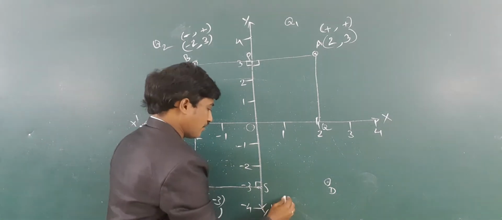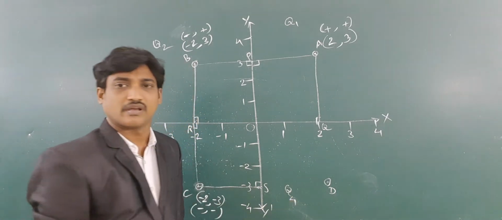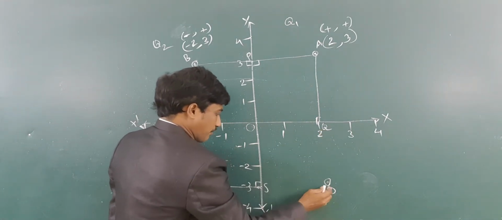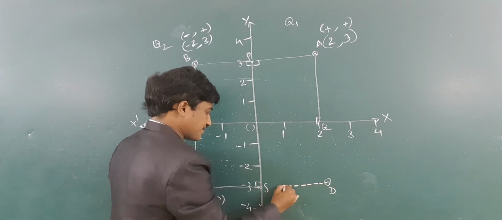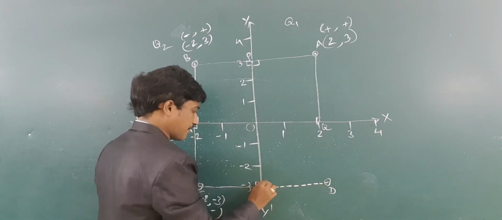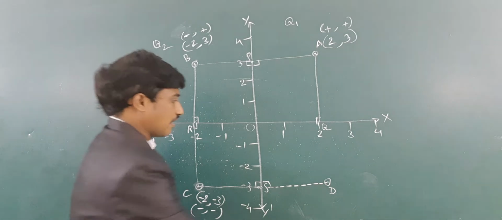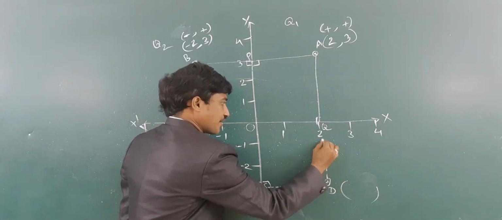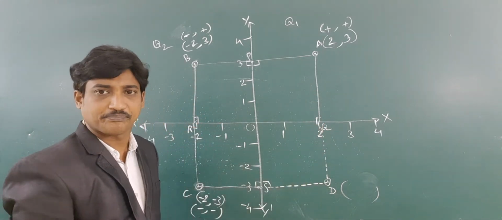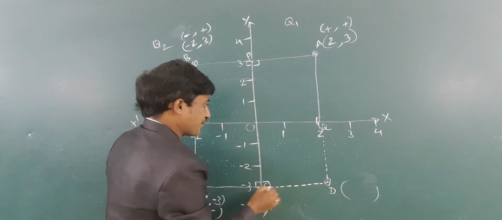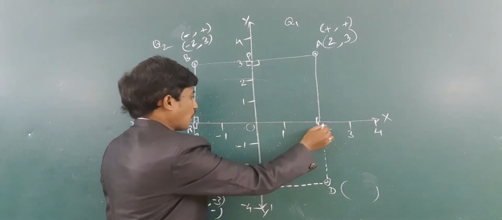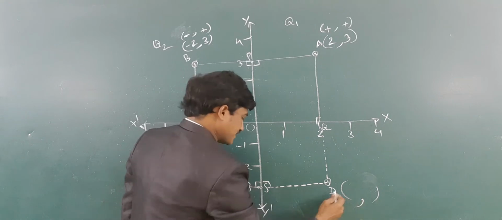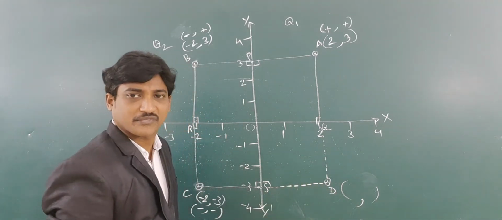Q4, the fourth quadrant. In fact, we know the perpendicular distance from the given point to the y-axis is the x coordinate, and the perpendicular distance from the given point to the x-axis is the y coordinate. Here DS is equal to QO. The perpendicular distance DS gives the x coordinate.